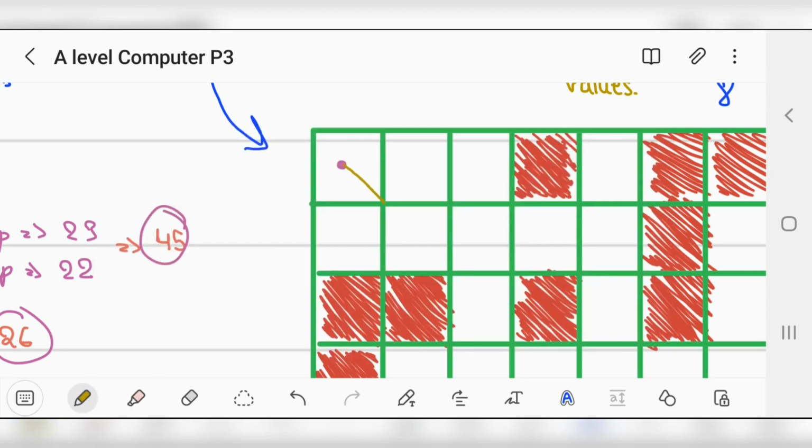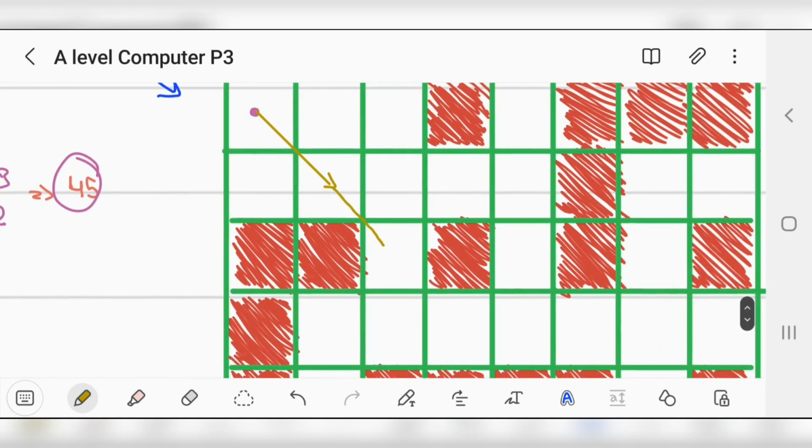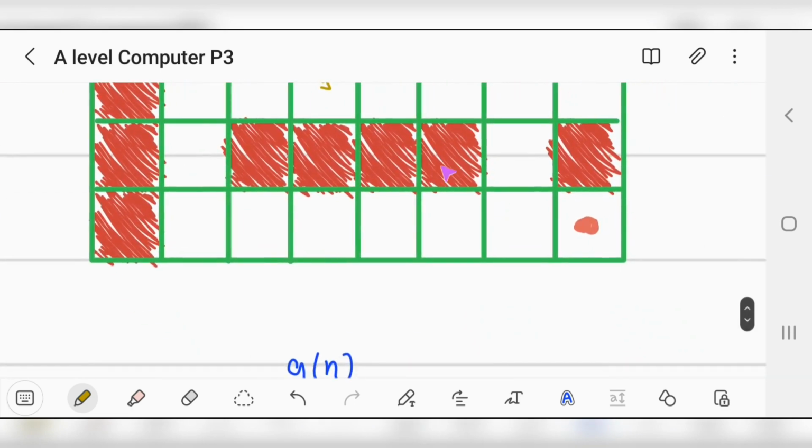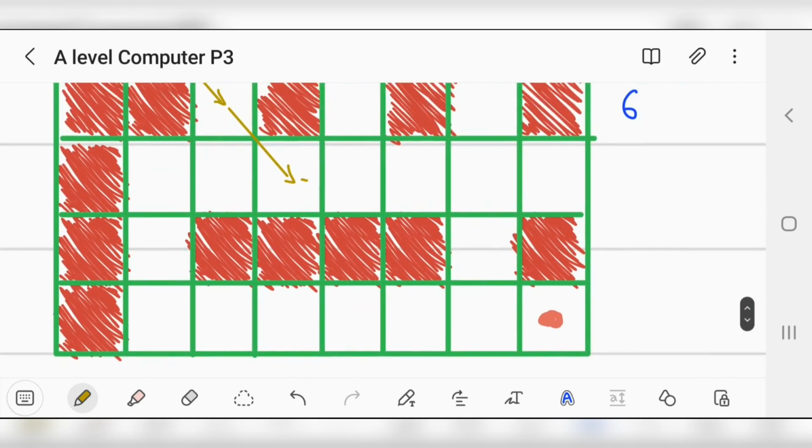So going from here to here, then again it's blocked, so you're forced to go from here to here, then here.